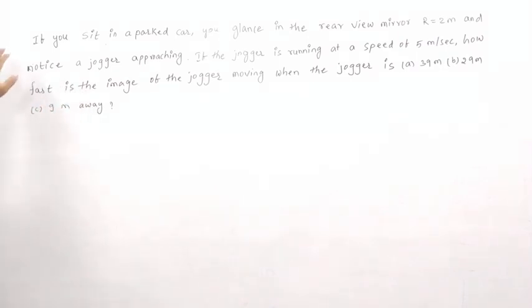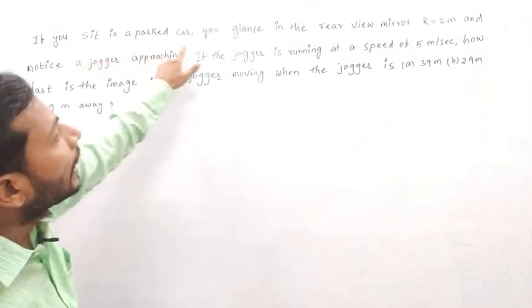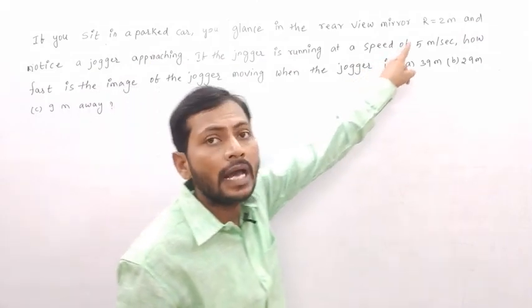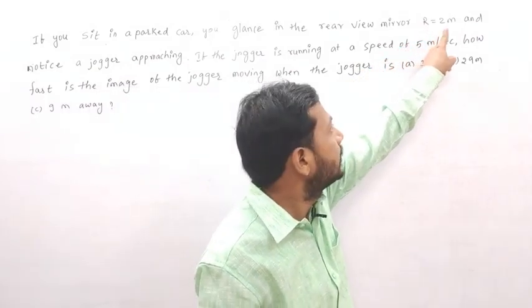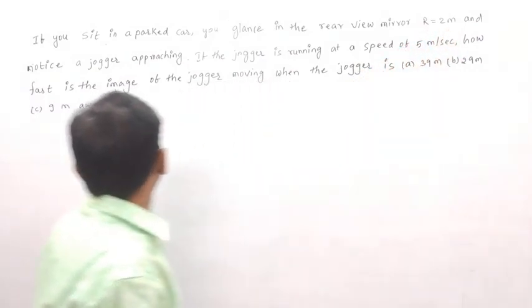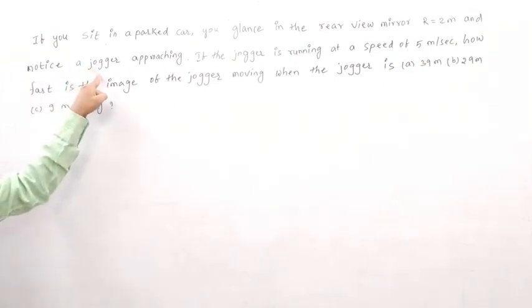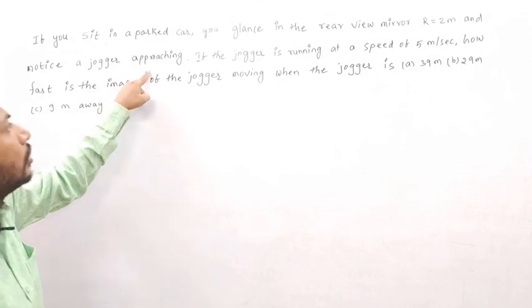If you sit in a parked car and glance in the rear view mirror, the radius of curvature R is given as 2 meter, and you notice a jogger, meaning some person who is running, approaching you.